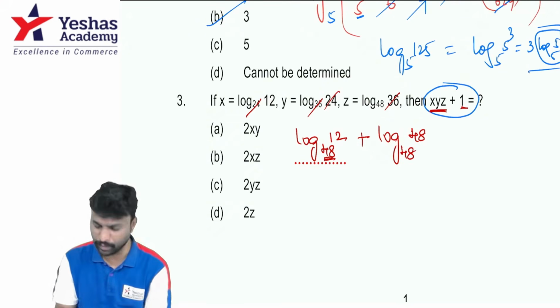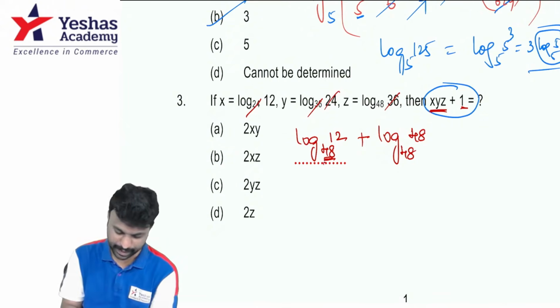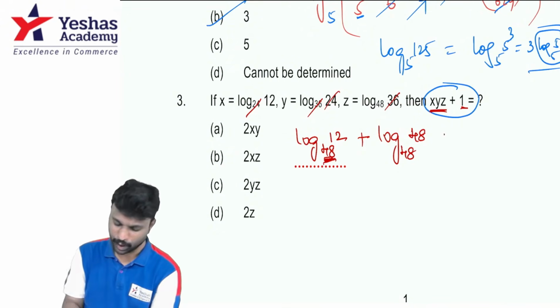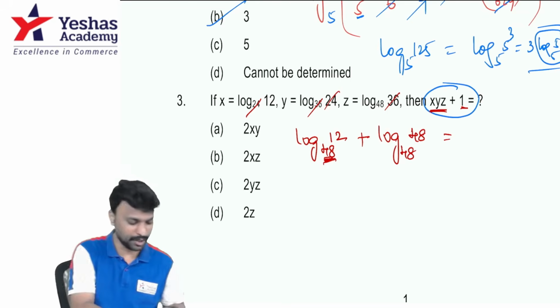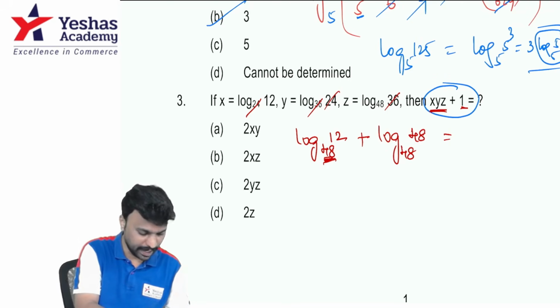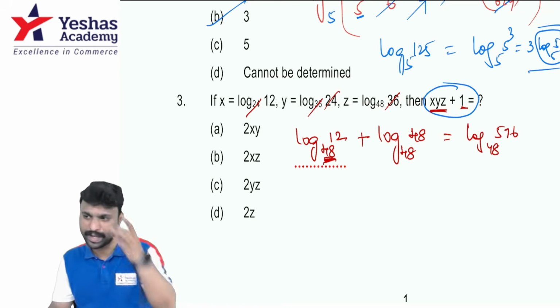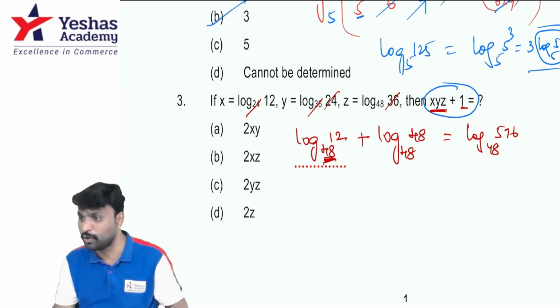So we are expressing 1 in terms of log, looking at the base of the first log, the same base we have to express. Now, you know, addition becomes multiplication. So 12 into 48, how much is it? It's 576. So log 576 to the base 48. What is 576? It is 24 power 2.